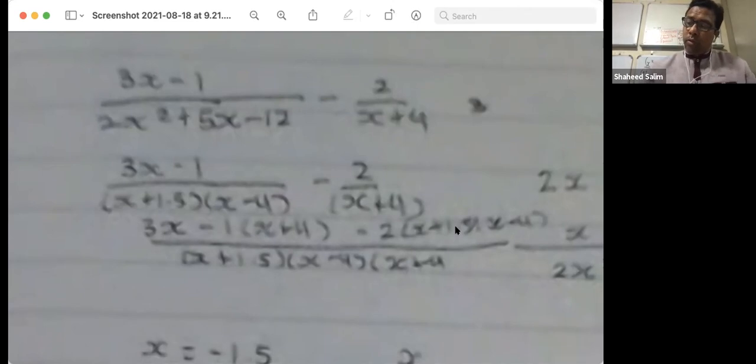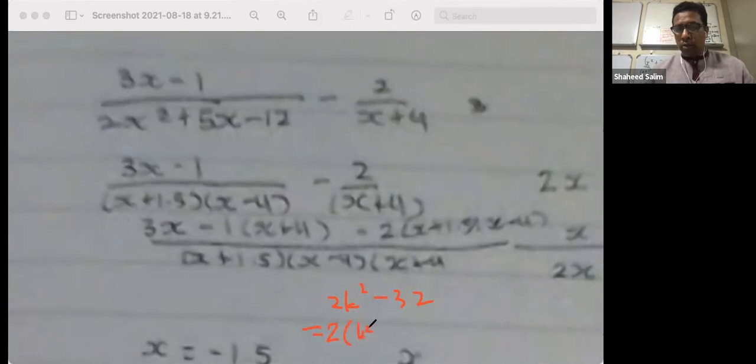Let's say 2k squared minus 32. First thing to do is to take out the 2, but you must leave the 2 outside the bracket. This becomes k squared minus 16. So the 2 is still here when you do k minus 4, k plus 4.